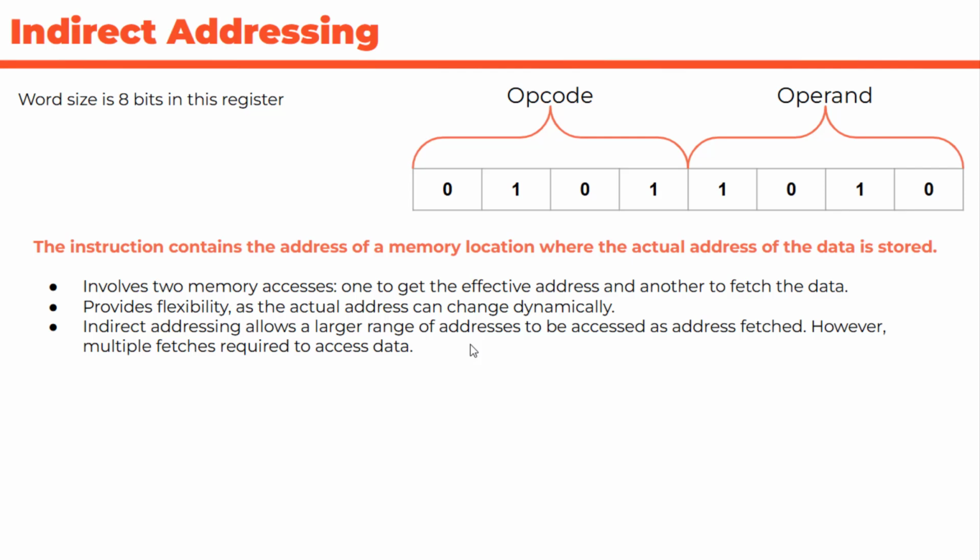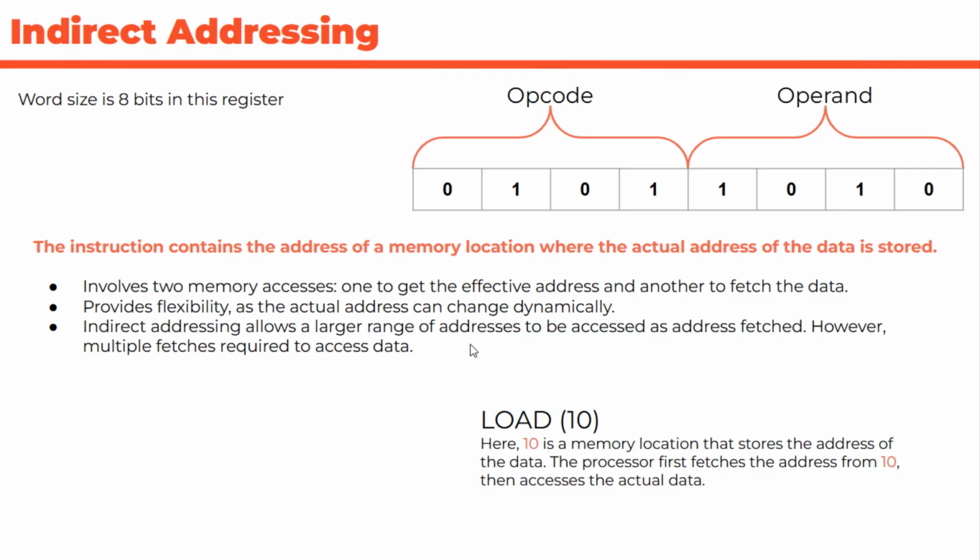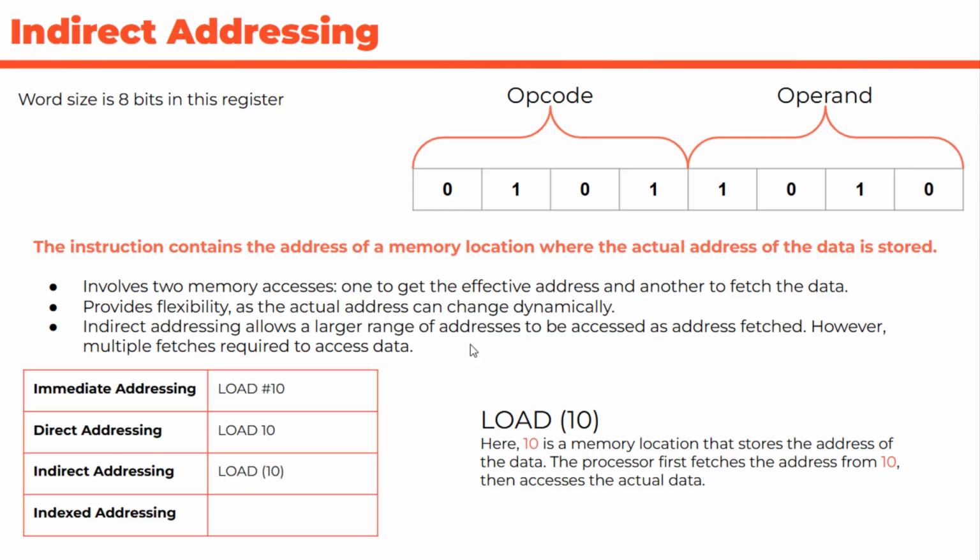This is why it's better if things are stored contiguously, one after another across the memory device itself. So there we are, we've got load 10. Here 10 is a memory location that stores the address of the data. The processor first fetches the address from 10 and then accesses the actual data after that.